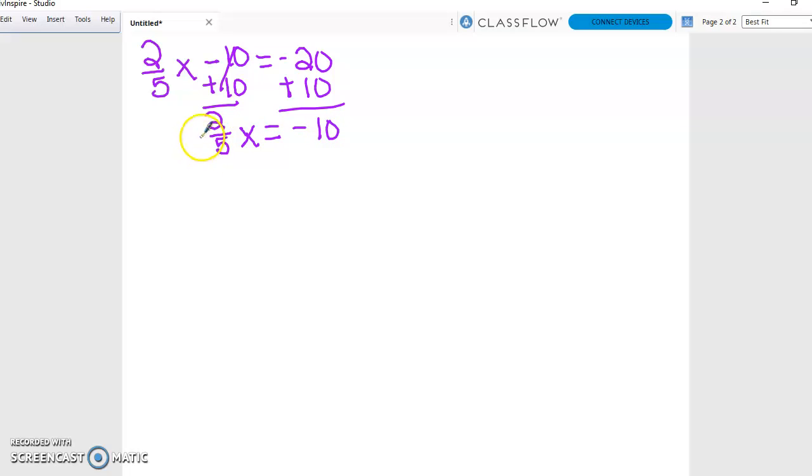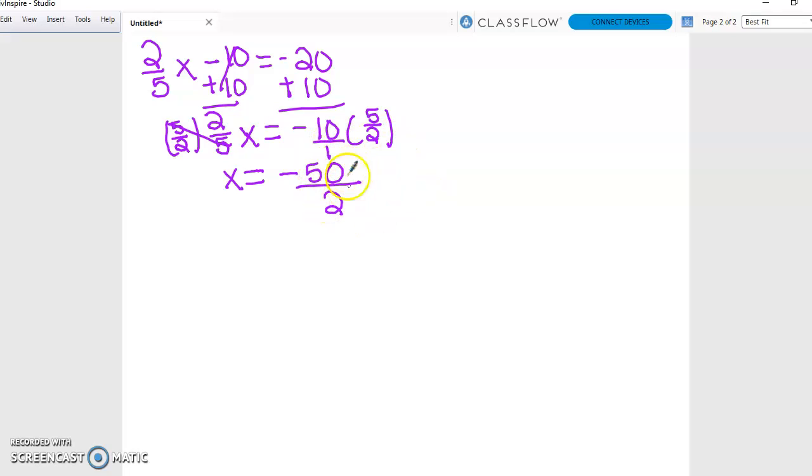And we're going to do the exact same thing that we did in the last problem. We have to multiply by the reciprocal. In this case, our reciprocal is 5 over 2. All right. So this cancels. We're left with x equals negative 10 times 5 equals negative 50 over, we got to put that over 1, and 1 times 2 equals 2.